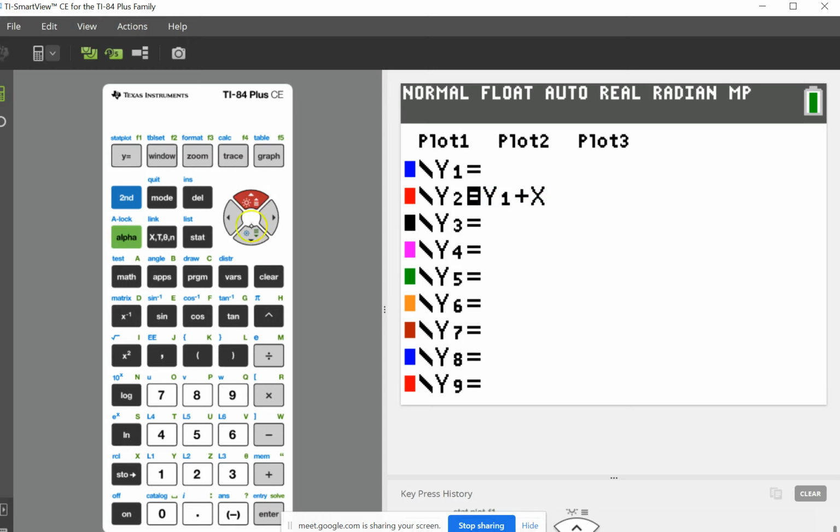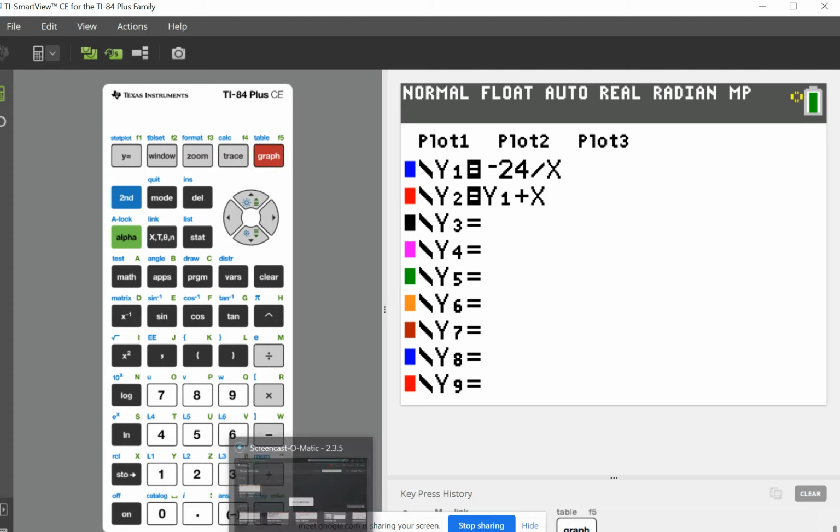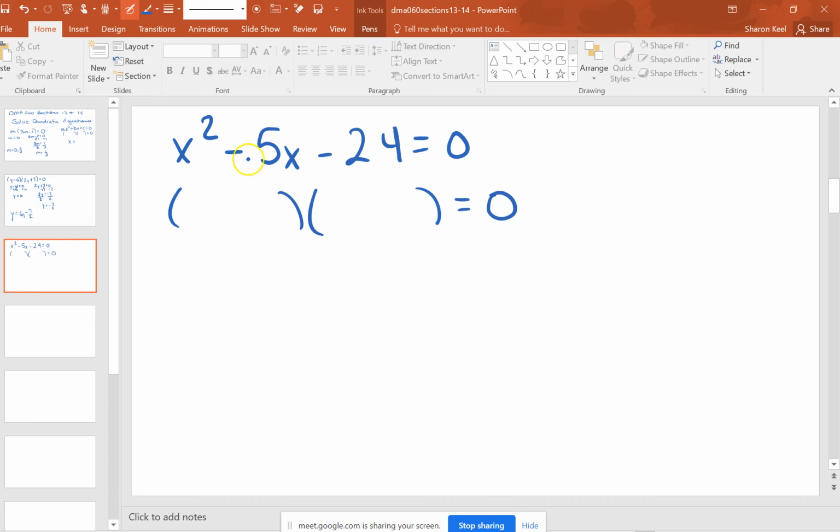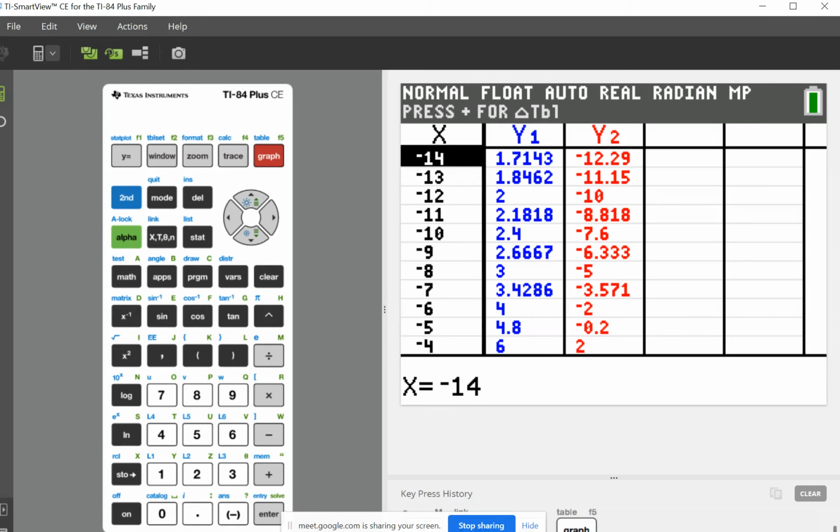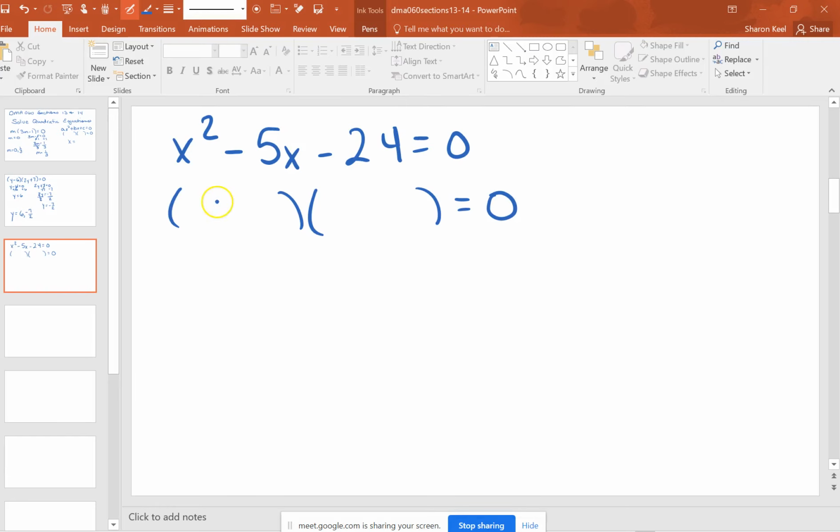On the first row, I'm going to do, I believe mine was negative 24 divided by x, second table, and my middle number is a negative 5. So I'm going to let my I come to the third column. Here's my negative 5. So my two solutions to factor are a minus 8 and a positive 3. A minus 8 and a positive 3. I have now factored this.